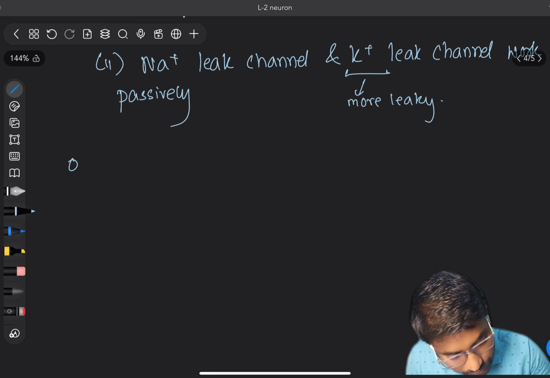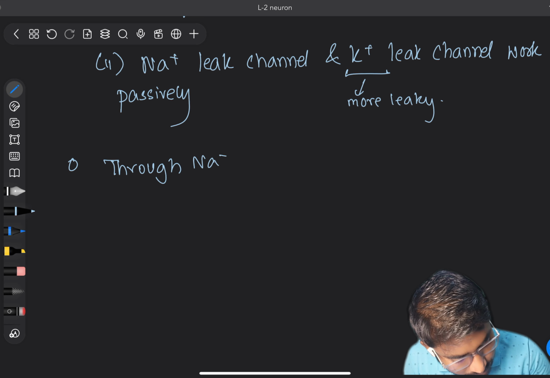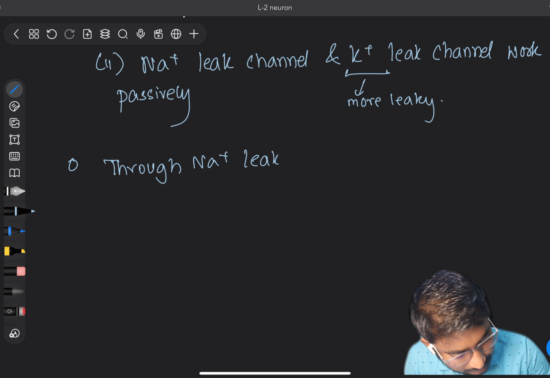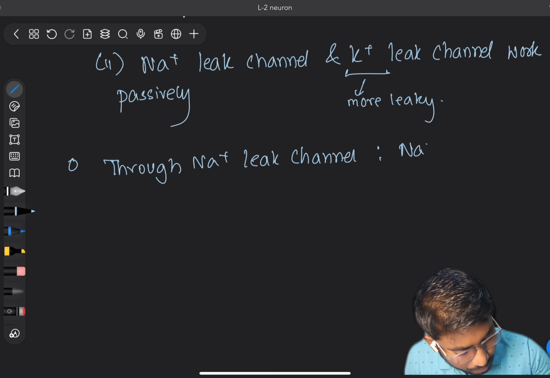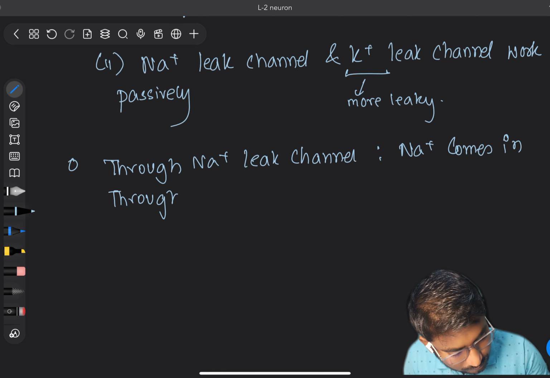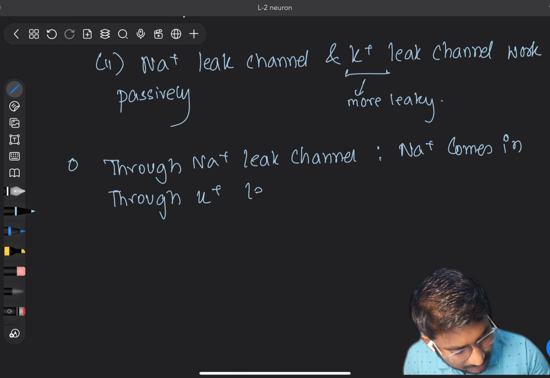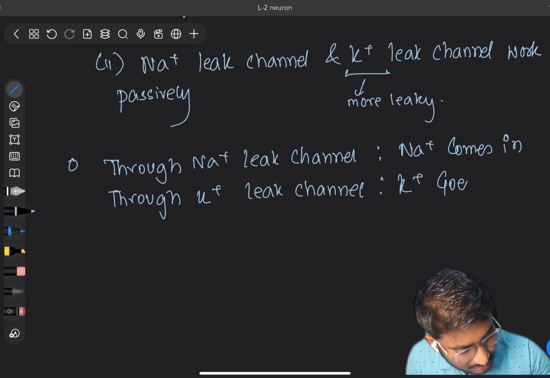What happens? Through the sodium leak channel, sodium comes in, and through the potassium leak channel, potassium goes out.